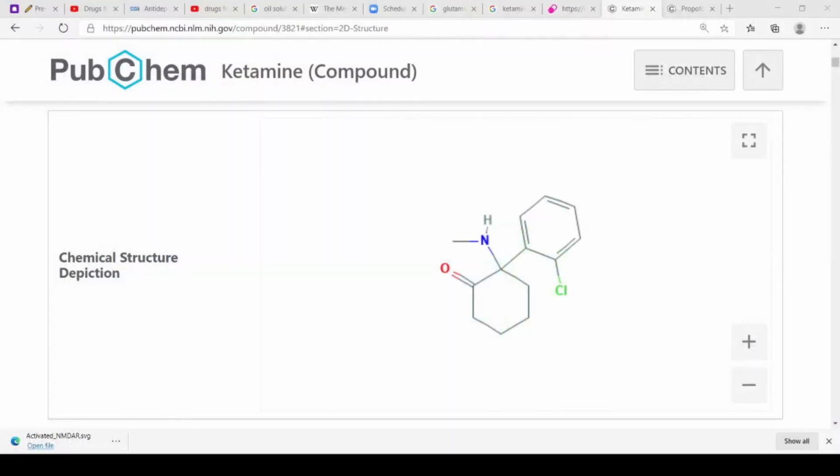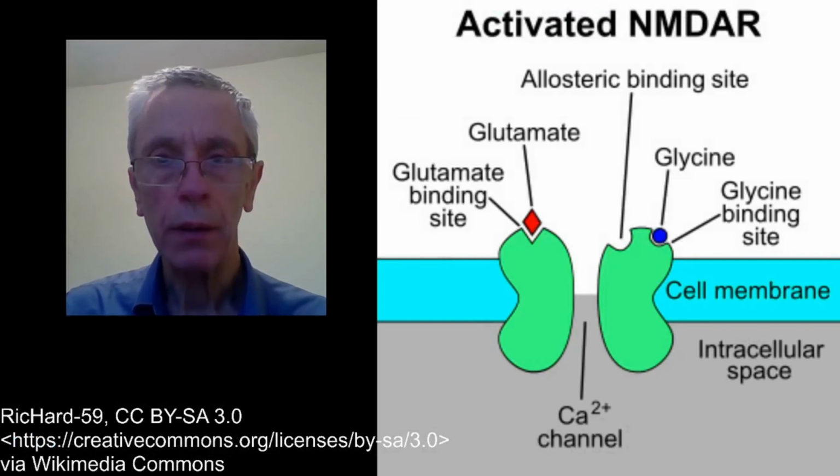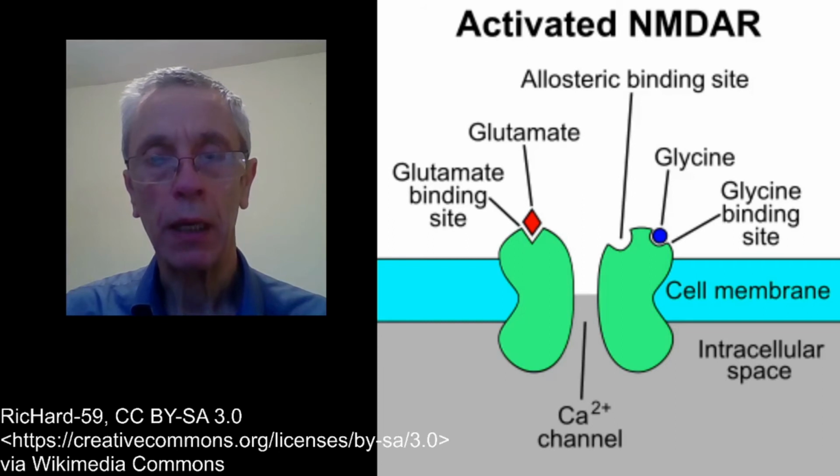For example, ketamine is a direct blocker of NMDA receptors, and at the same time xenon, which is actually a noble gas, interacts at the glycine coactivator site.